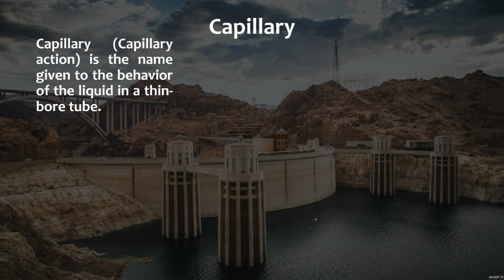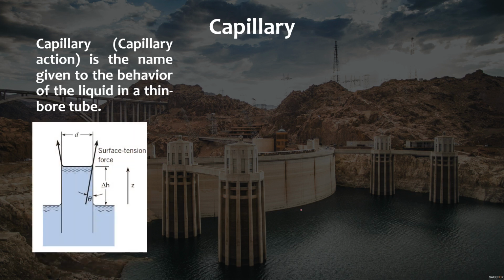Then for the capillary, it is the name given to the behavior of the liquid in a thin bore tube. Usually there is a rise in the level of the surface in the tube when it is dipped in the liquid, and we call that capillary action. And again, surface tension is related to that.